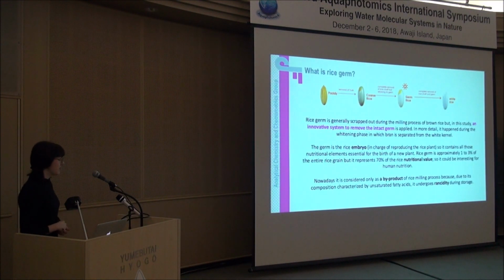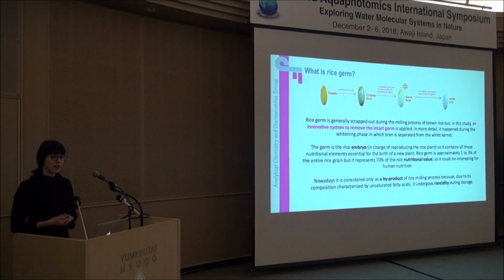Okay, but what is rice germ? Maybe some of you have already seen rice germ, but if you have never worked in the milling industry, you have never seen it, because it is completely removed during the whitening phase of rice. It contains a high content of unsaturated fatty acids that undergo a very fast rancidity during storage.